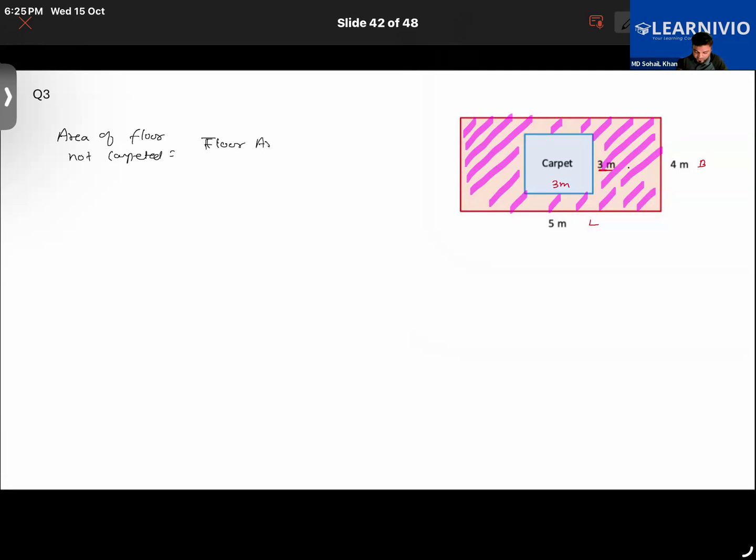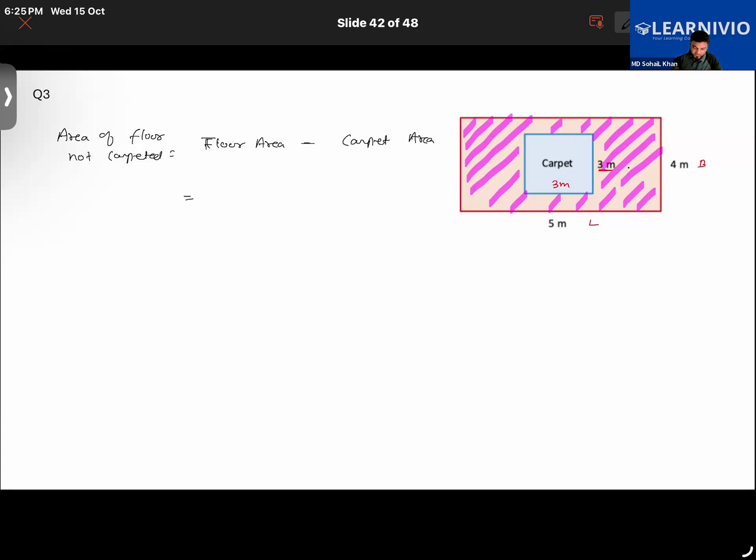So floor area is L into B. If you were to subtract the carpet area from the floor area, then you will get to know this area, the one I have marked in pink color with the pink lining. Carpet area is 9, floor area is 20.